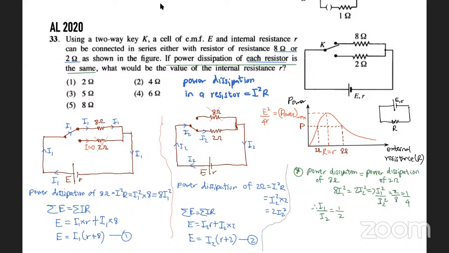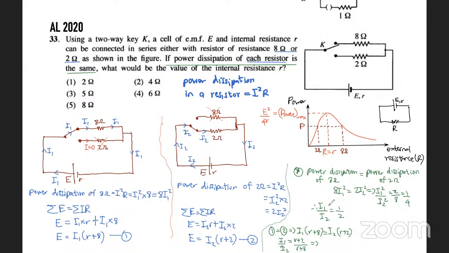Right, so let's equate 1 and 2, because 1 and 2 both are equal to capital E. So that will give me I1 times r plus 8 equal to I2 times r plus 2. And if you simplify that, I will be getting I1 over I2 on the left side equal to r plus 2 over r plus 8 on the right side.